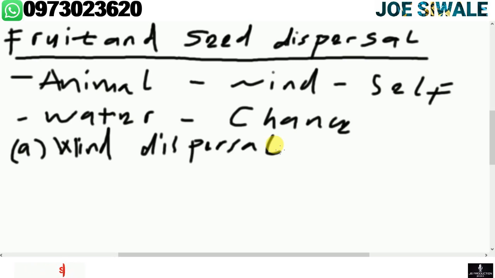For this type of dispersal, there is also the presence of paper extensions, wings, parachutes, or hair structures to create a large surface area. So that's about wind.